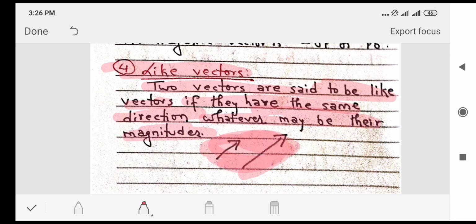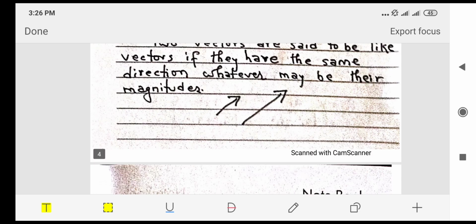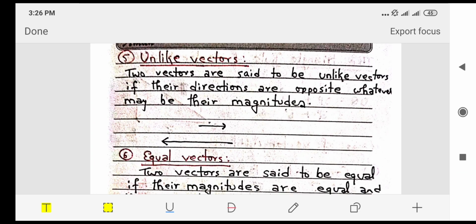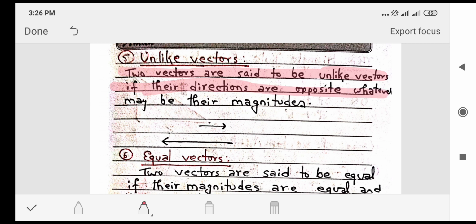For vectors to be like vectors, magnitude doesn't matter, the only thing that matters is direction. Similarly, unlike vectors: two vectors are said to be unlike vectors if their directions are opposite, whatever may be their magnitude.